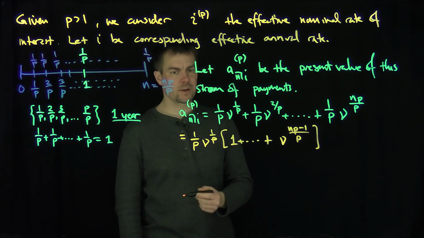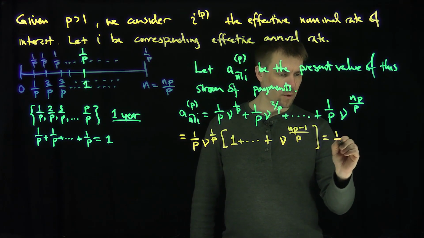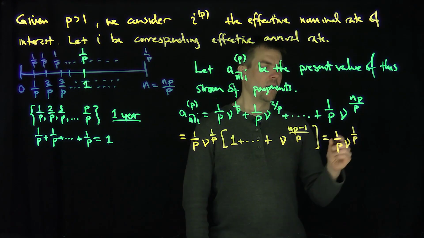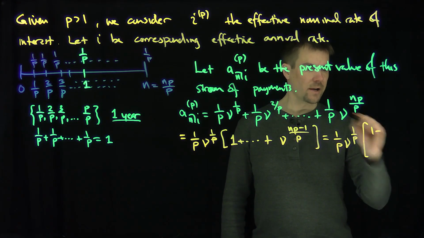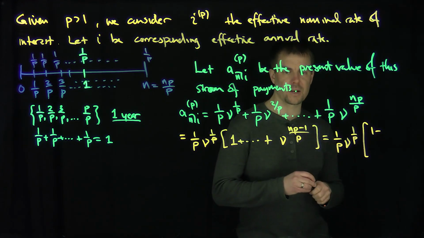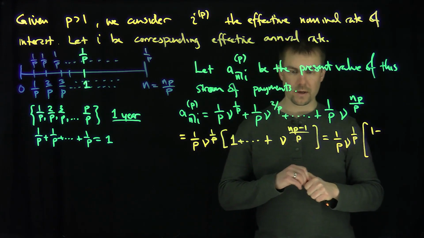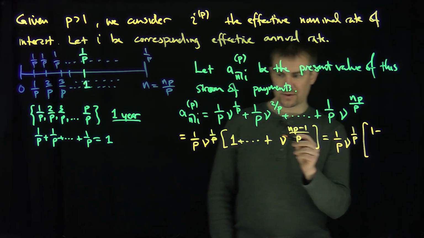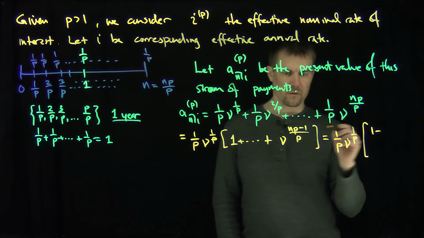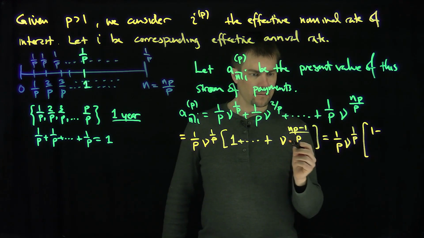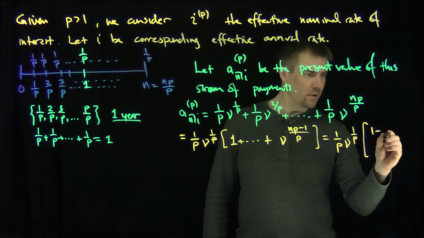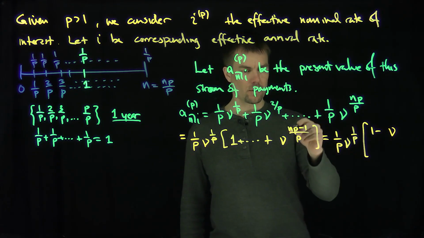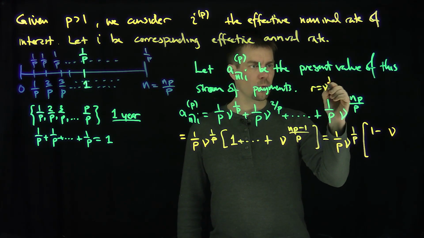Now by the geometric sum formula, what will this become? This is going to become 1 over p, nu to the 1 over p, and then we'll have 1 minus the common ratio raised to the number of terms. I'm thinking of my common ratio r as nu to the 1 over p.